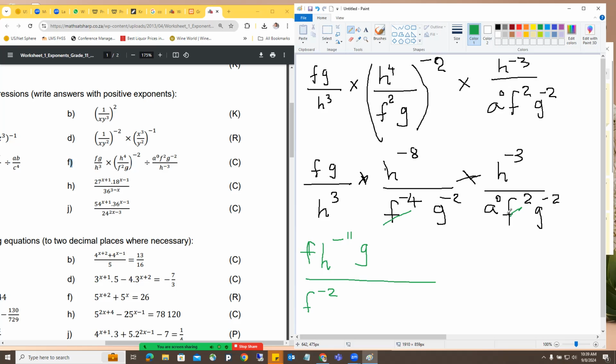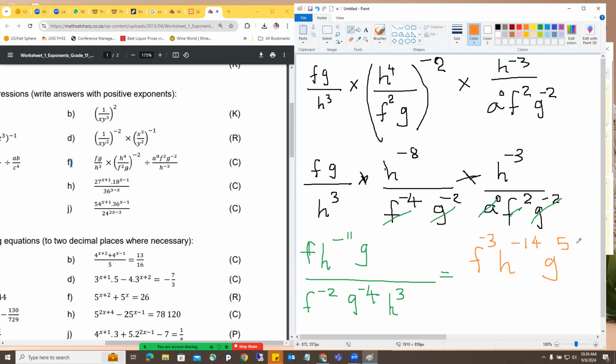Okay, a to the power of 0 means 1. Because of that, I'm not considering that. Then g minus 4, and then h cube. At last, we have f minus 3, h minus 14, g to the power of 5.